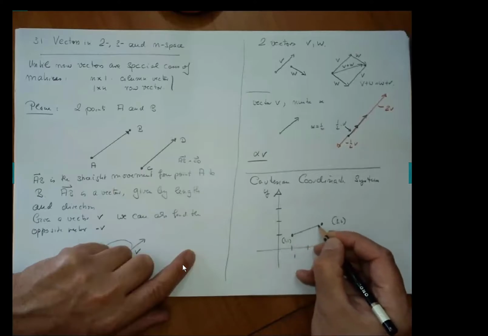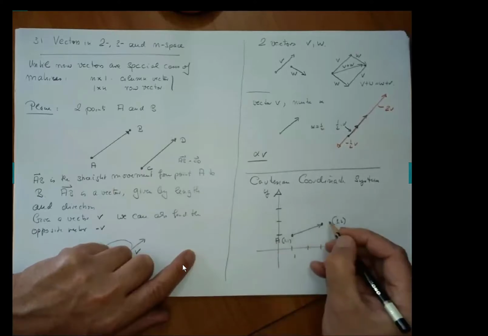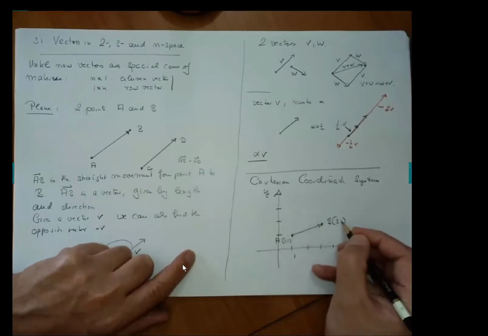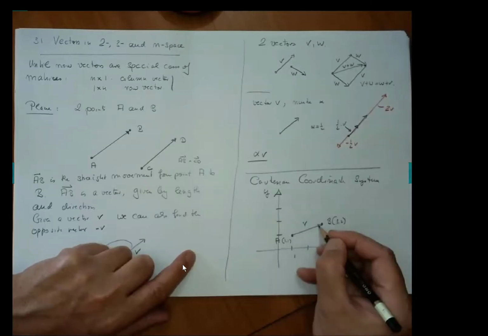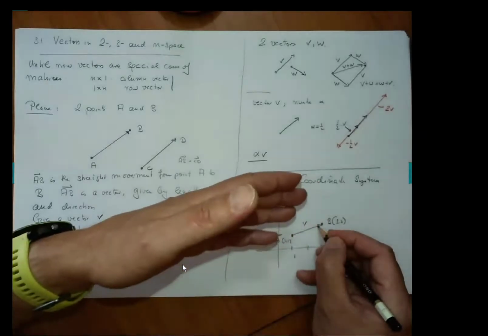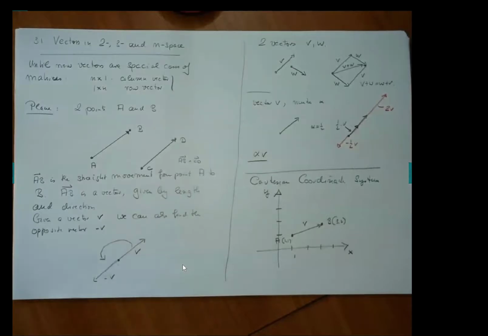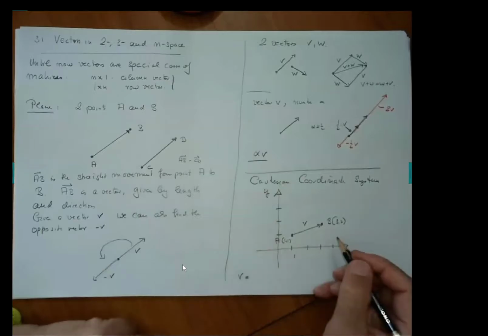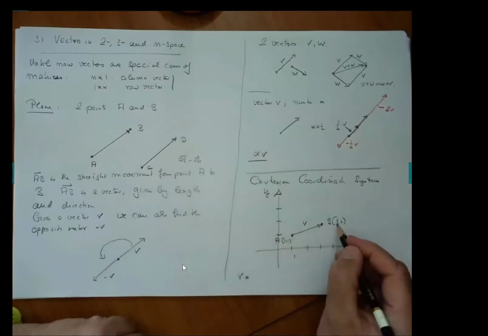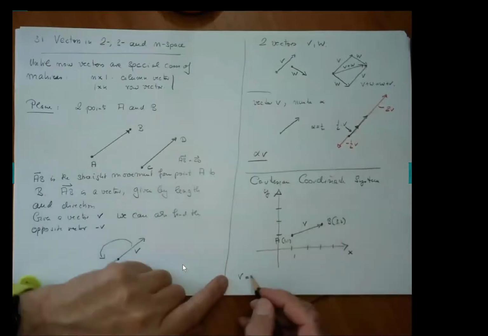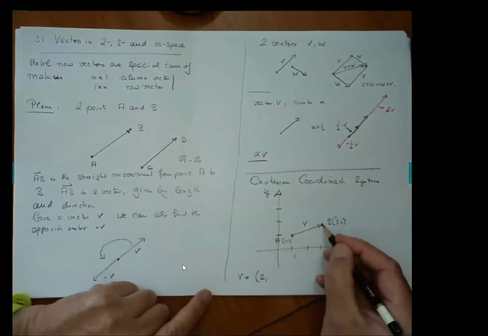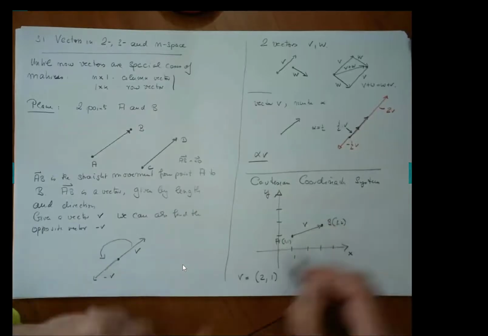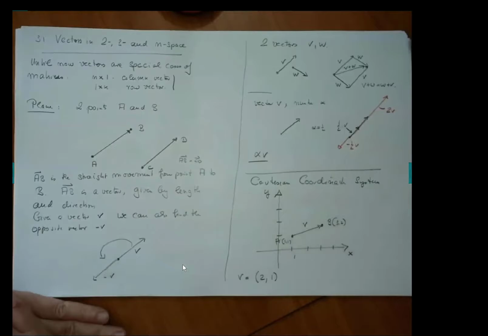So now that we have points, let's say this is point A, this is point B. Now that we have numbers for these points, not only can we say in geometry, oh, we mean this vector, this line with the arrowhead, but we can say the vector V is actually given by 2 numbers. We have to move from 1 to 3, 2 units to the right, and 1 unit up. So once the points have coordinates, the vectors also get coordinates.